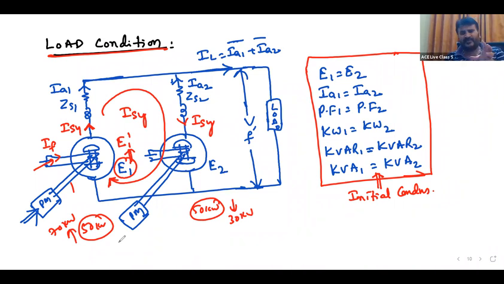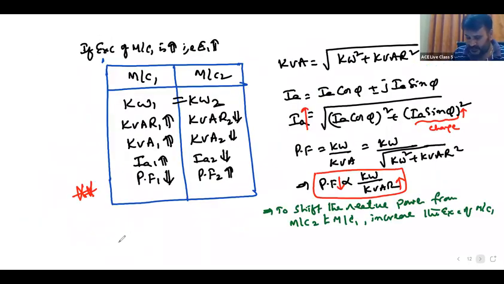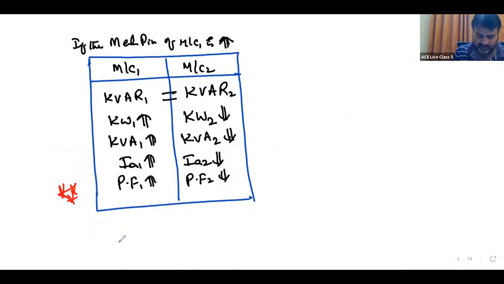The questions are the same. Two machines are connected. Mechanical power input of machine 1 increases. What happens to frequency? It increases. Let me write here: frequency will increase. F1 increases and F2 also increases, both equal of course.